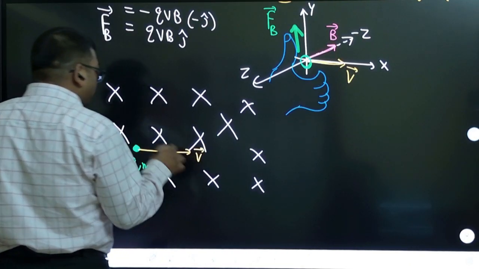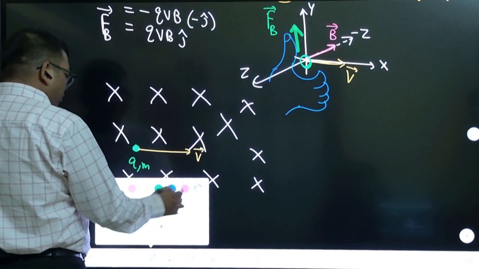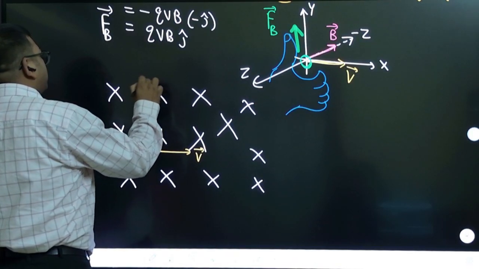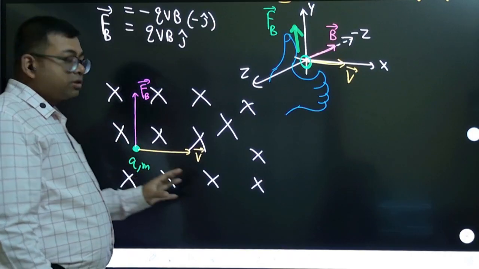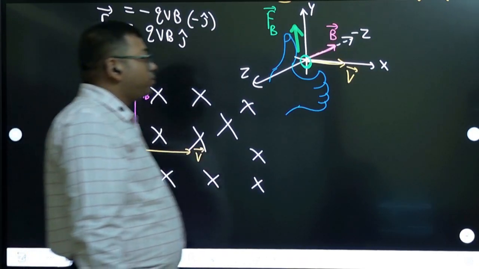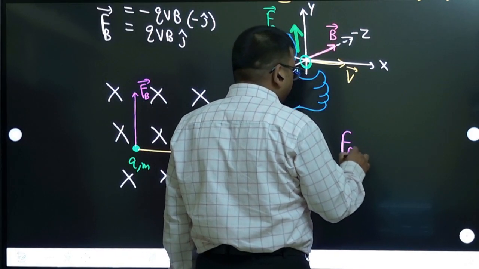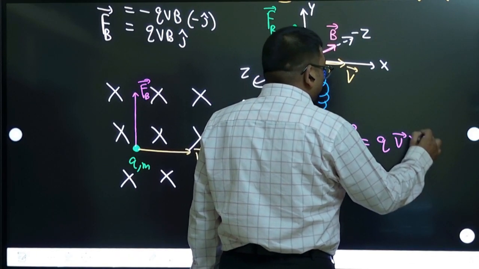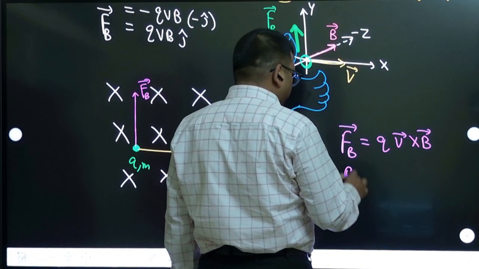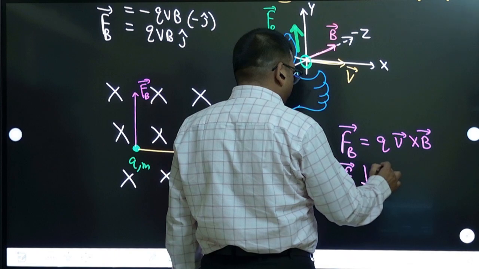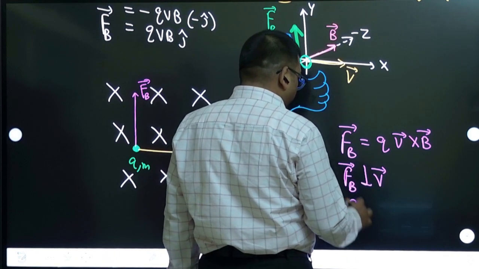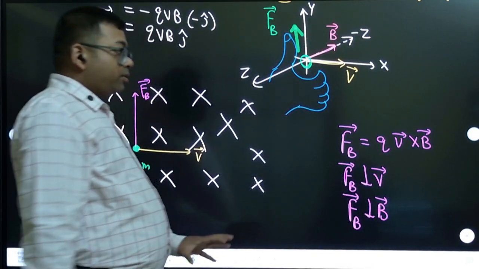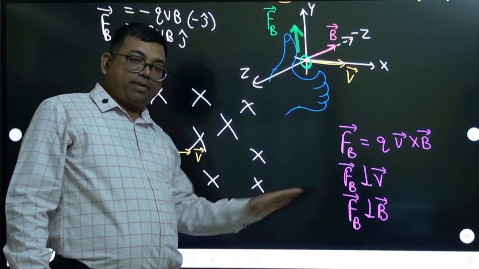The velocity is this way. So V cross B has given the direction of magnetic force upward. Note that this magnetic force, qV cross B, is always perpendicular to the velocity as well as the magnetic field, because of the nature of the cross product, which is perpendicular to the plane of those vectors.